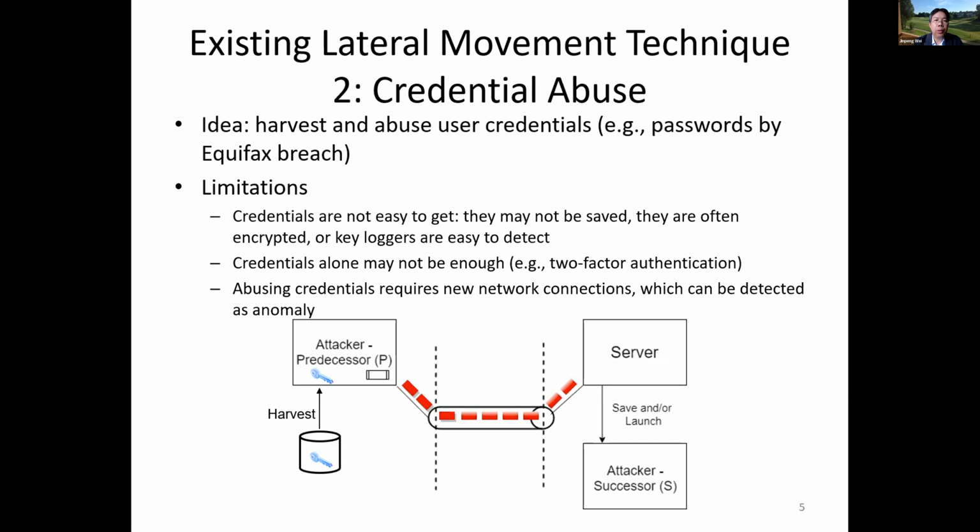The credentials are not always easy to get. Maybe they are not saved, or they are saved but encrypted, for example. Also, credentials alone may not be enough for lateral movement, since two-factor authentication is now widely deployed. And third, abusing these credentials to enter another system requires a new network connection to be made, and this can be picked up by the IDS as an anomaly.